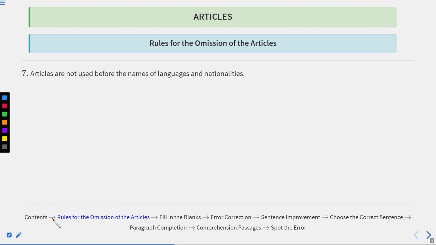Now let us move to another rule: articles are not used before the names of languages and nationalities. Before any language, we cannot use an article. For example, English is a language.